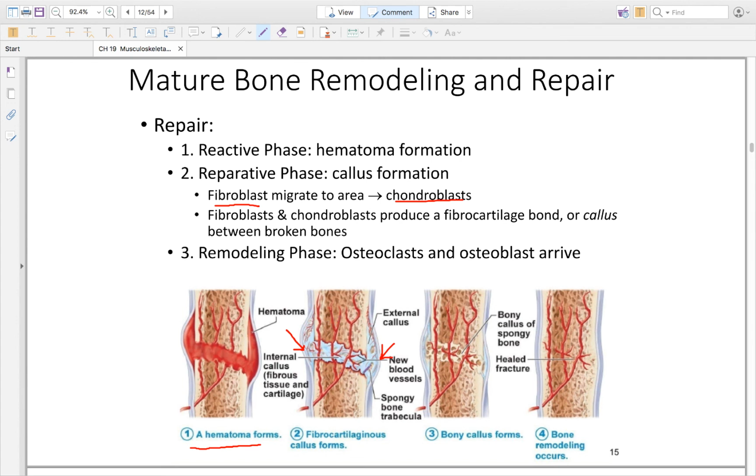This is temporary, and then new blood vessels will form as well, and we are in repair mode. Eventually, this cartilage is going to calcify, and then the bone will be remodeled. In the remodeling phase, osteoclasts are going to break that down, while osteoblasts are delivering brand new bone cells, healing the fracture.